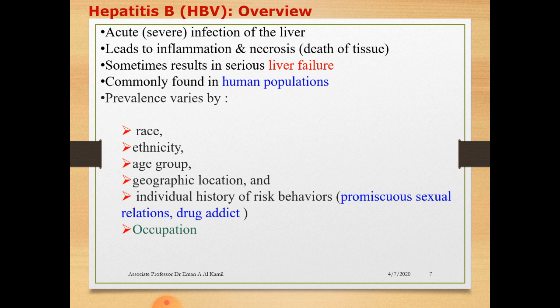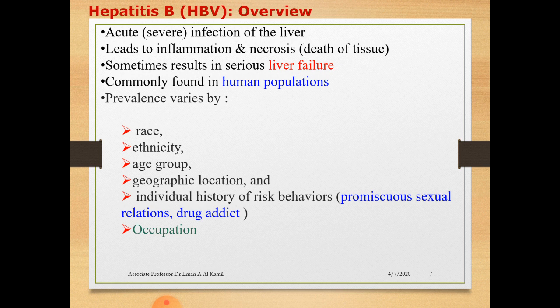Regarding risky behavior, some people who have, for example, promiscuous sexual relationships, extramarital relationships, or illegal sexual relationships can get the infection, especially if they have many partners and unprotected sexual relationships.